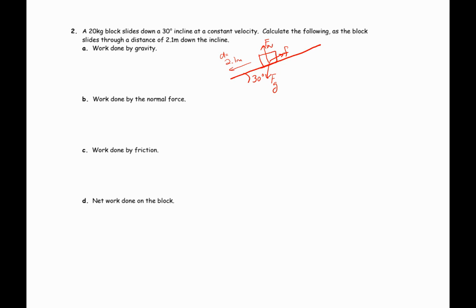Okay, and it says figure out the work done by gravity. So we want to figure out the force of gravity that is in the direction of the motion. So we are looking at just this piece of gravity, the x piece of gravity. So the work done by gravity is equal to force of gravity in the x times d.